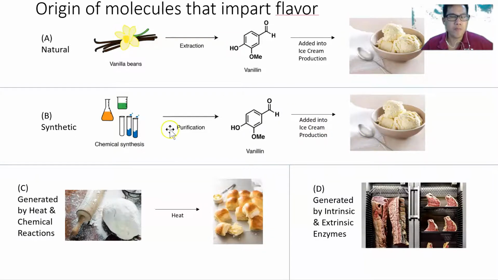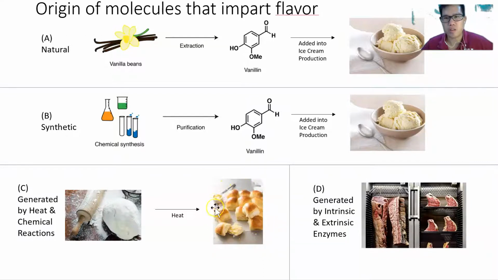And the third one is what we call generated flavors. This generation is facilitated by heat, which leads to chemical reactions. For example, dough: if you eat it, there's no taste, but during baking, the heat facilitates chemical reactions, and through the Maillard reactions for bread, they generate the flavors.